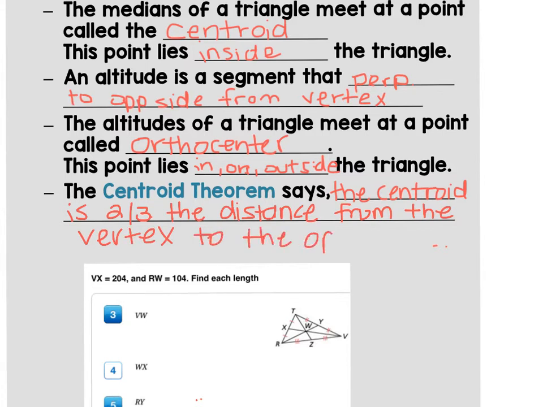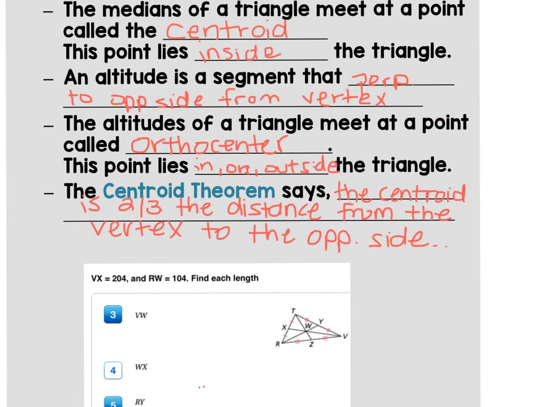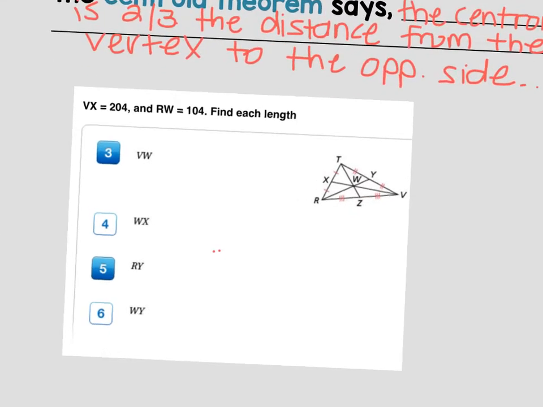You know, in the homework there was like I think it was 12. So what you have to know about altitudes, one is that they're in, on, or out, but two, also use the vertices to draw the altitude, which is what we did yesterday. So I'll get to that in a second. But this is all median based, right?